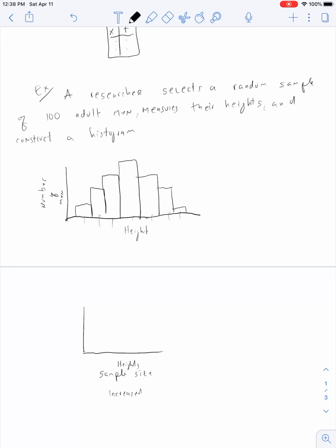Let's think about it. We measure 100 people, and we get only 7 heights. But if we measured more people, what we should see is more heights, and if we see more heights, that means more bars.